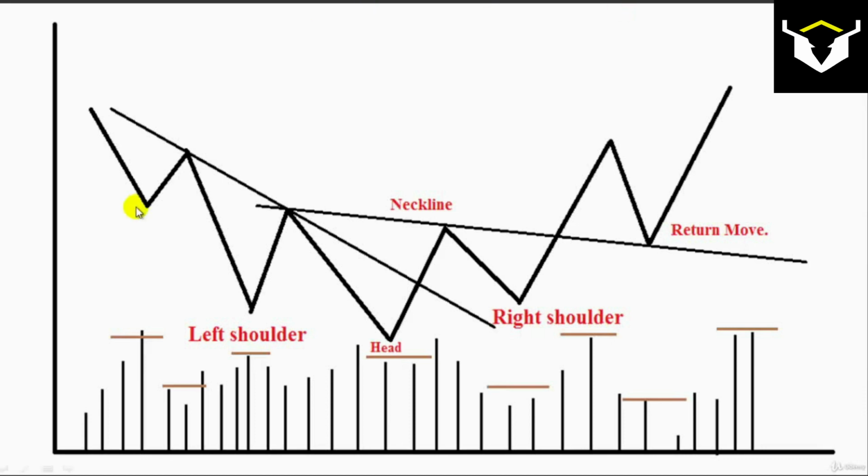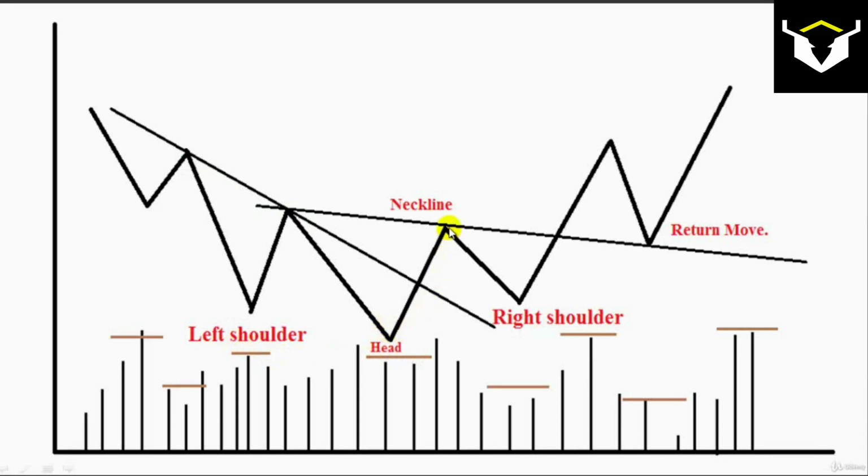On the left side, you can see prices are moving down and then prices penetrate through the previous bottom, suggesting a decrease in momentum. Prices come down to make a new low at lower volume as compared to the previous low.